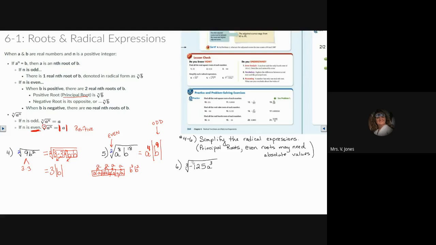All right, number 6. This is a third root. Now, when that root is odd, you don't have to worry about absolute values. So if we take negative 125, we have to figure out what we multiply to get it. Let's start with just the 125. If I do a factor tree, I get 25 times 5, and then the 25 breaks down to 5 times 5.